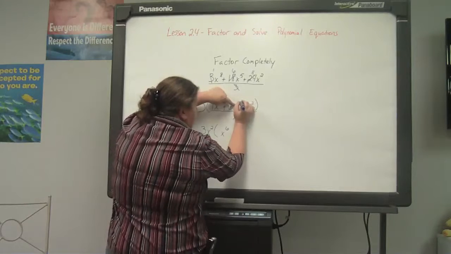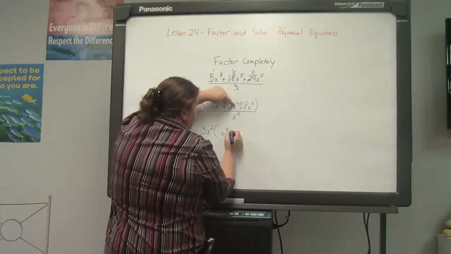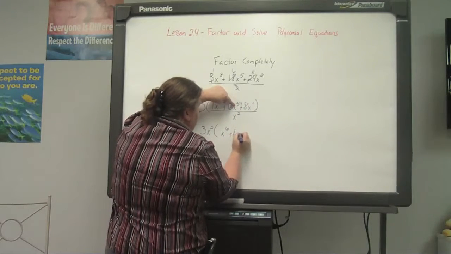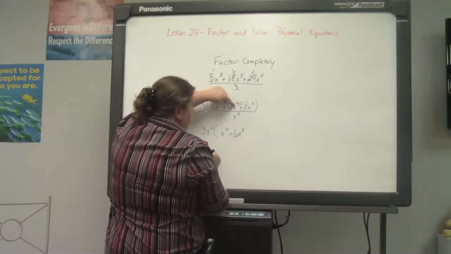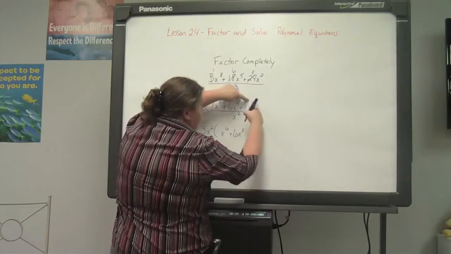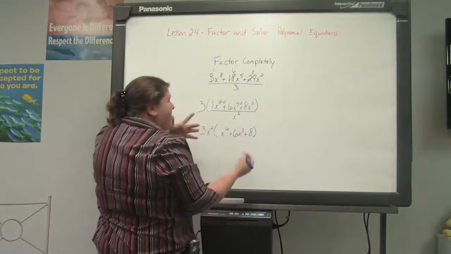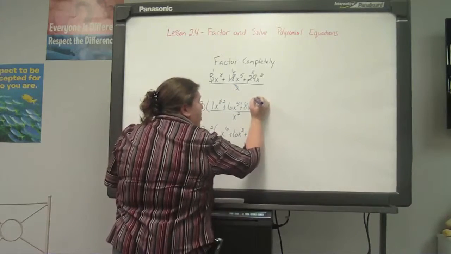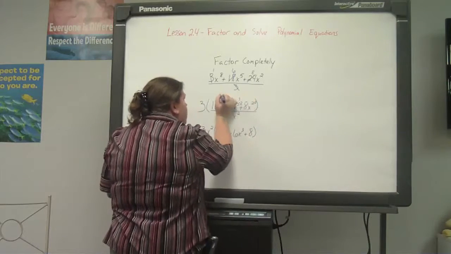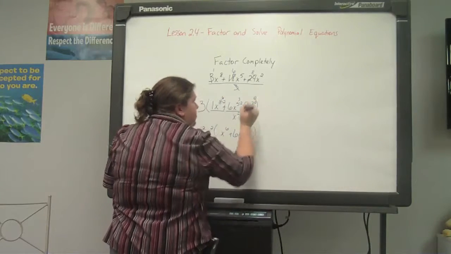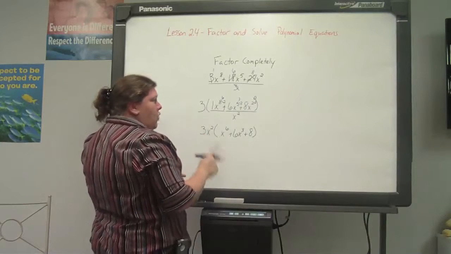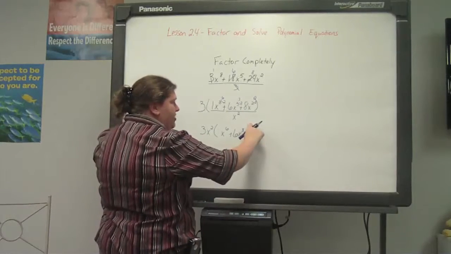From here, subtract 2, and that's going to give me 6x cubed. And then subtract 2 from here, it leaves me with just 8, because it technically is to the 0 power, and anything to the 0 power is 1. So that's why we have just 8.